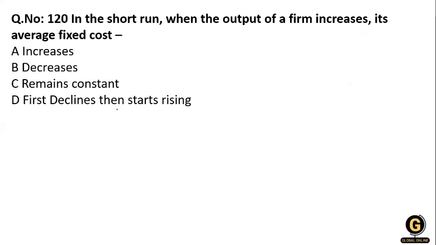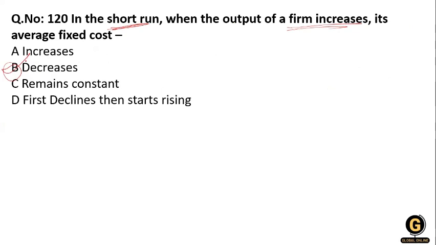In the short run, when the output of the firm increases, does its average fixed cost increase, decrease, remain constant, or first decline then start rising?